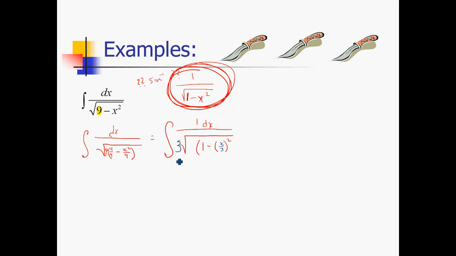Now look at this coinky-dink. u is going to be the stuff inside the square. So what is du going to be? Check out that magic.